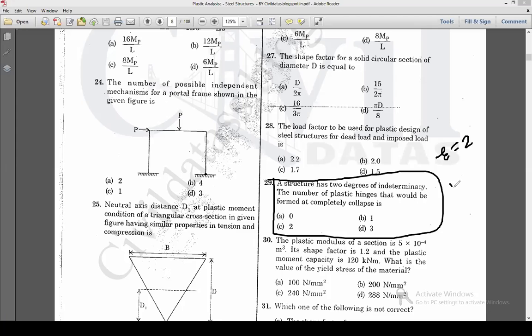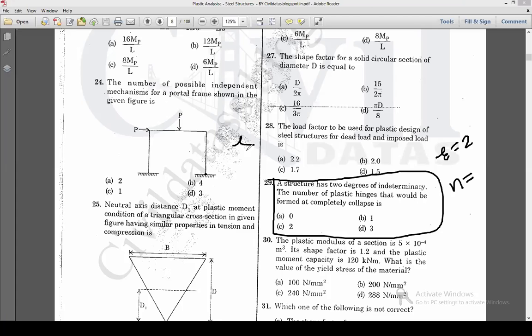So what is the number of plastic hinges N? 2. 1. 3 sir, sorry, 3.